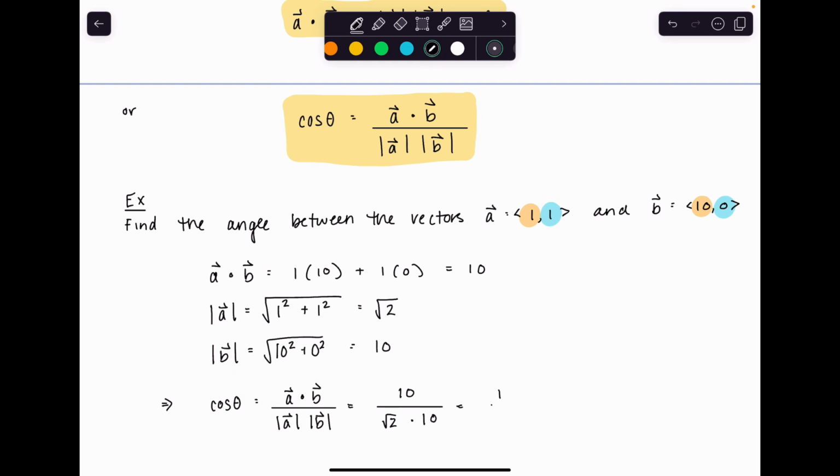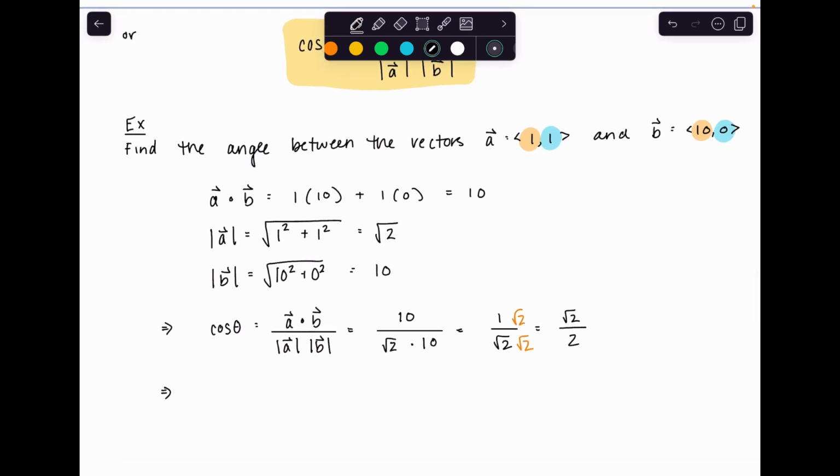The 10's cancel, so this gives us 1 over root 2, which you're not used to figuring out what angle gives you 1 over root 2. So if you rationalize this by doing root 2 over root 2, this simplifies to this. So remember, rationalizing means taking top and bottom and multiplying it by that radical. So this way the radical cancels in the bottom.